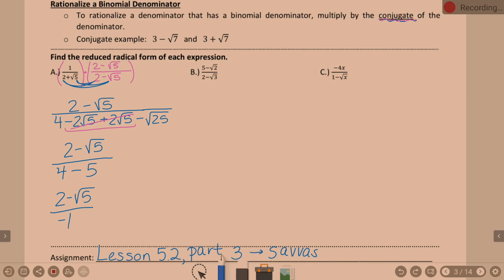Negative 2. What is negative square root of 5 divided by negative 1? It becomes plus square root of 5. So for the final answer, I'm looking for negative 2 plus square root of 5.